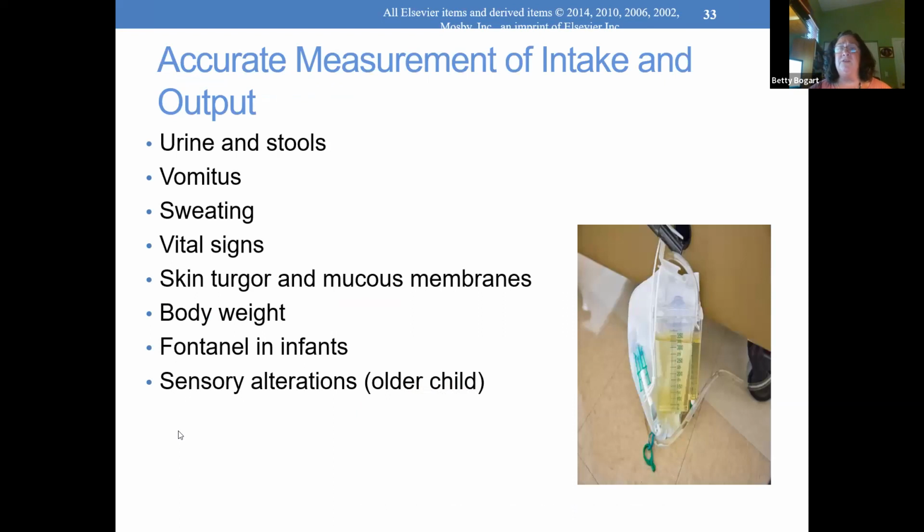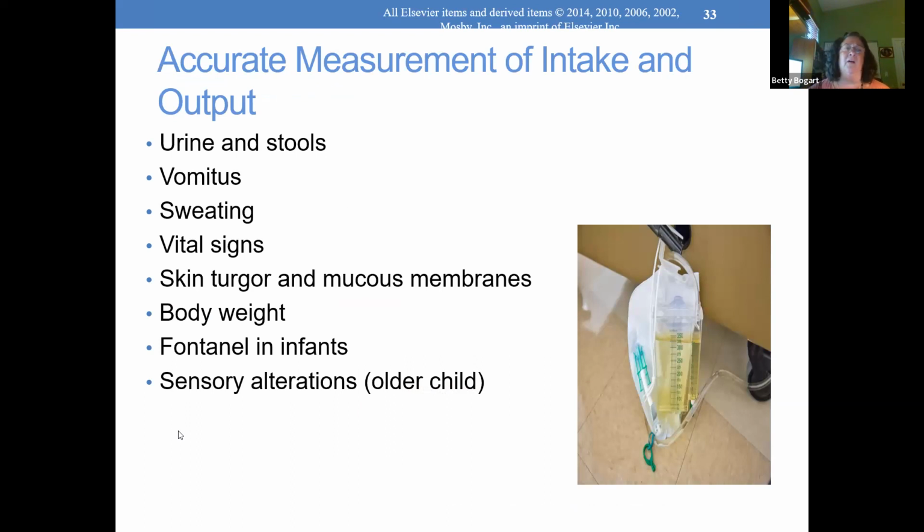So monitoring intake and output with children, and your adults, is really important. So how do we measure it? Well, urine and stools, of course. Vomiting, if we can get it in a bucket, I mean, with adults you can more easily, but with children it's harder. Sometimes you have to estimate.